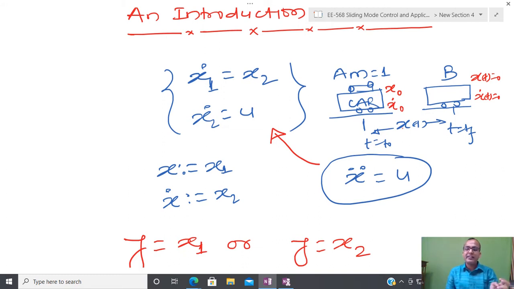You have to make sensors which can sustain thousands of degrees. You can imagine how hot it is inside the core of a nuclear reactor. So you are unable to place sensors there. Several times the problem is that even if I have a sensor, I cannot place it inside the realistic system.